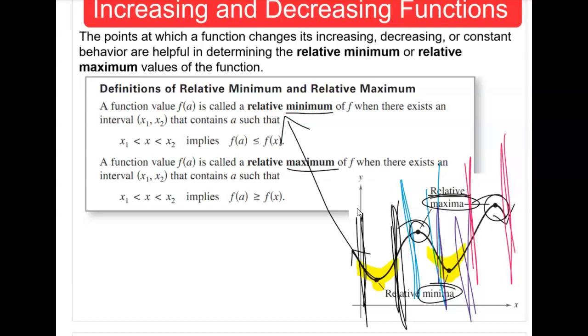And then the maxima will be like a hill, like that. So what that means is that for that closed interval that we were discussing, we have one x value for which it will be the minimum. If you notice, it will be the smallest of all the other values. So that will be the minimum.